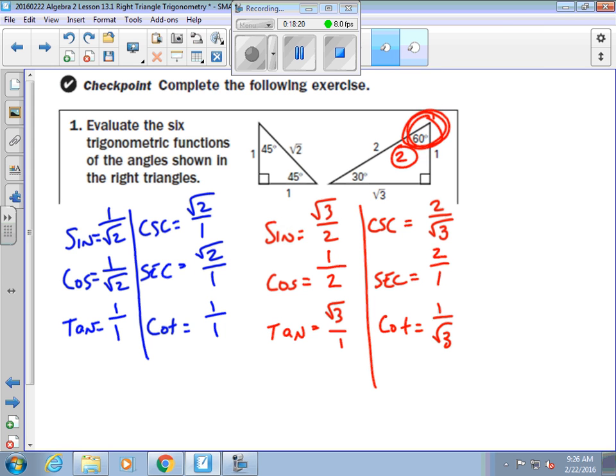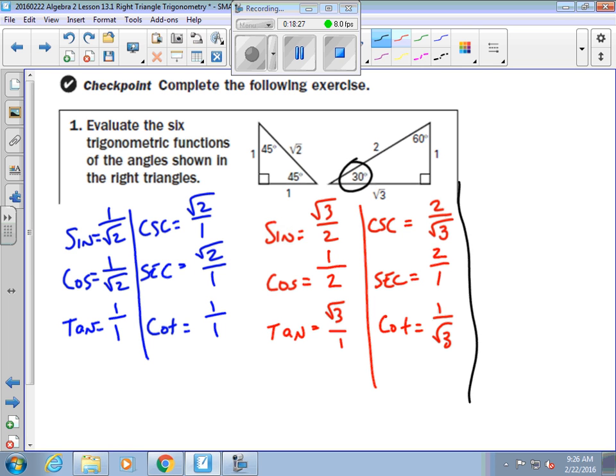When you take the perspective of 30 degrees, all of those numbers are going to be different. From this perspective, the sine is the opposite over the hypotenuse, 1 over 2, which means its cosecant is the inverse of that, 2 over 1.